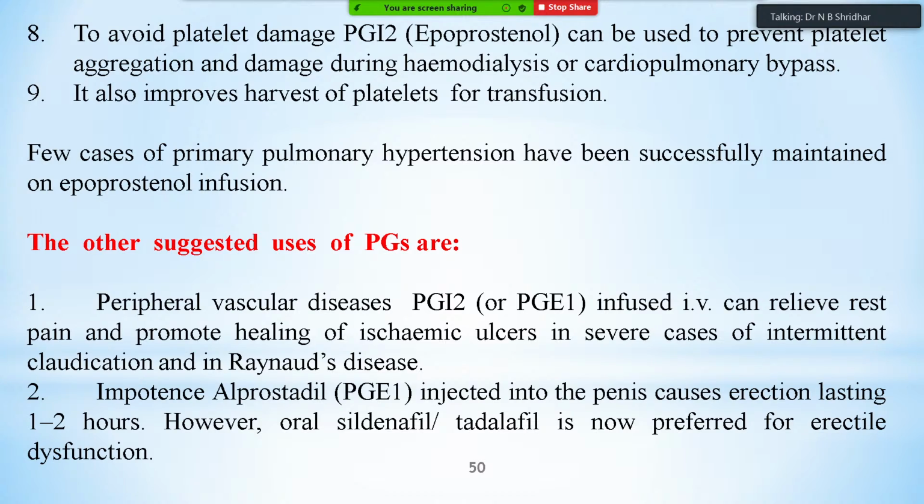So, in case of impotence, alprostadil, PGE1 injected into the penis, is used for erectile dysfunction treatment. Apart from this one, oral sildenafil and tadalafil are now preferred for erectile dysfunction rather than these drugs.